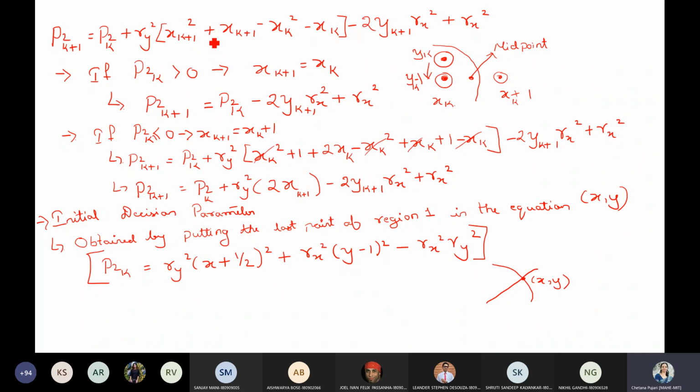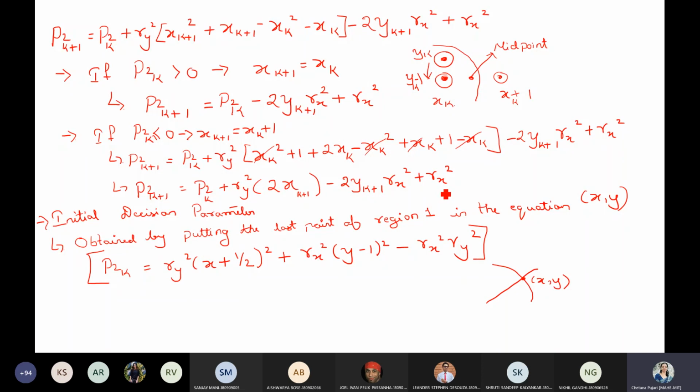Fine. You can just substitute, you will get this equation. Simplify it, you will get this. That is P2 of k plus 1 is equal to P2 of k plus ry whole square into 2 of x of k plus 1 minus 2 into y of k plus 1 rx square plus rx square.